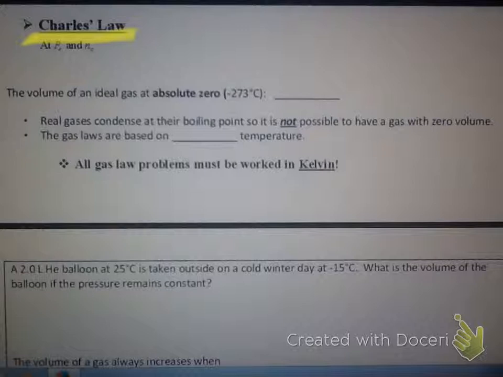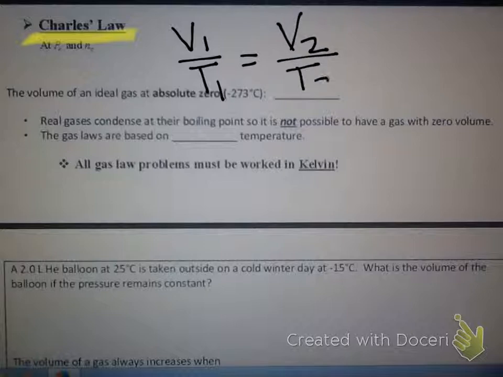Charles' Law equation says you have an initial set of conditions, there's a change in volume or temperature, and then you'll have your final set of conditions. The proportionality ratio, or equation, is that volume 1 divided by temperature 1 equals volume 2 divided by temperature 2.